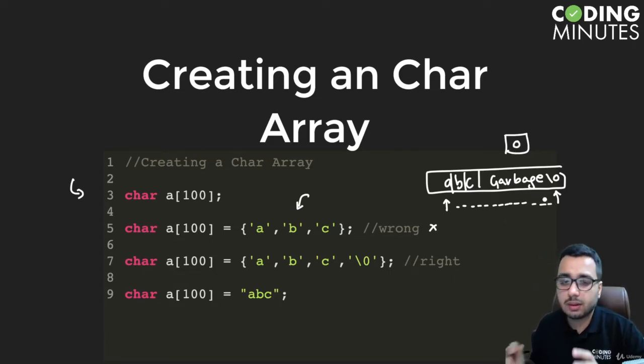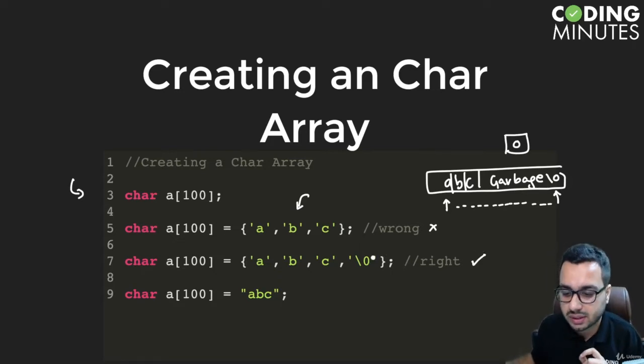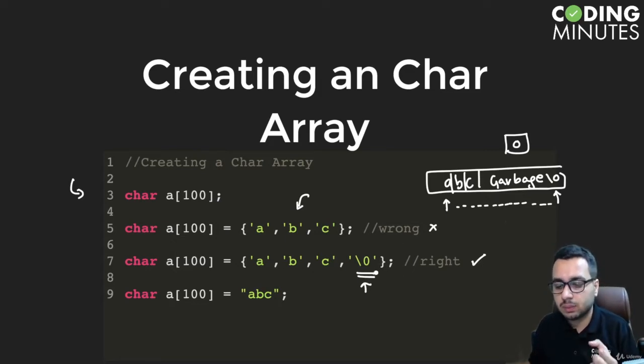It will keep on printing till that particular point. So this is a change in behavior as compared to integer arrays. Ideally, when you are initializing a character array, you should terminate it with a null character. This null character has a 0 value, so you are storing it inside the character array. This is called termination by a null character.